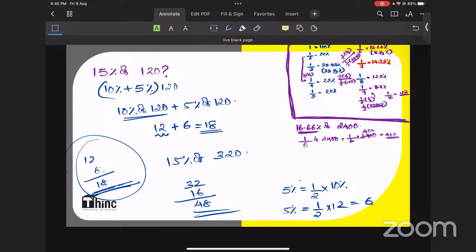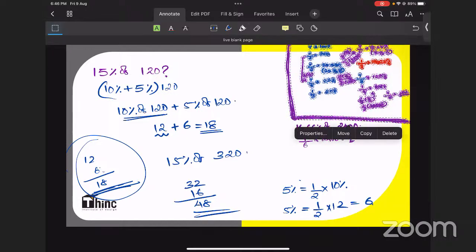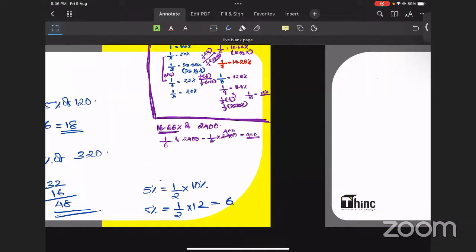So we can try a few more questions connecting to this. Combination of values, that is what we are going to check now.